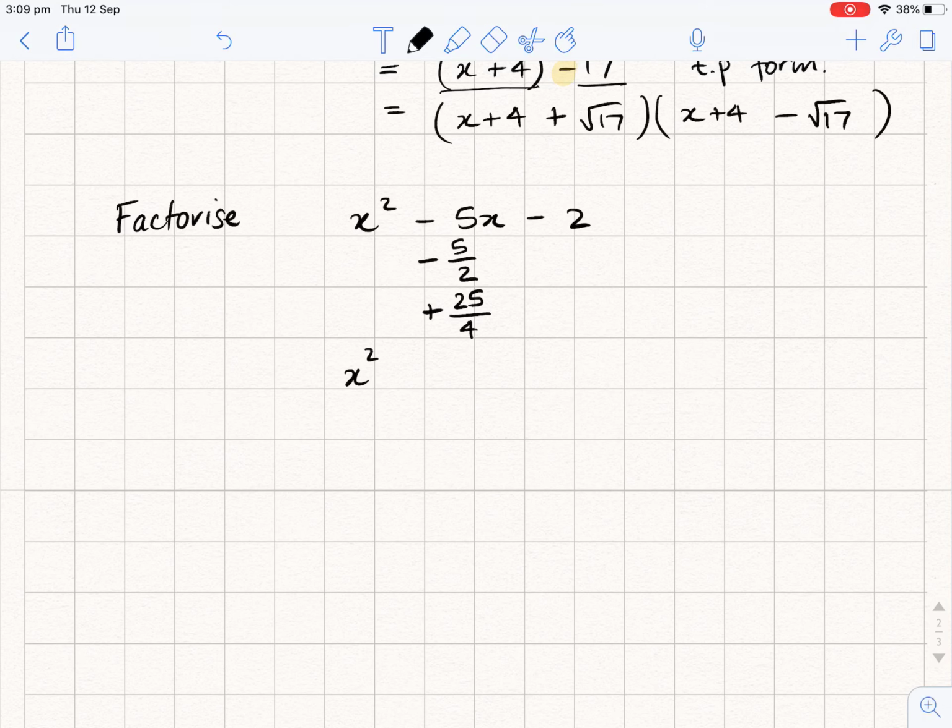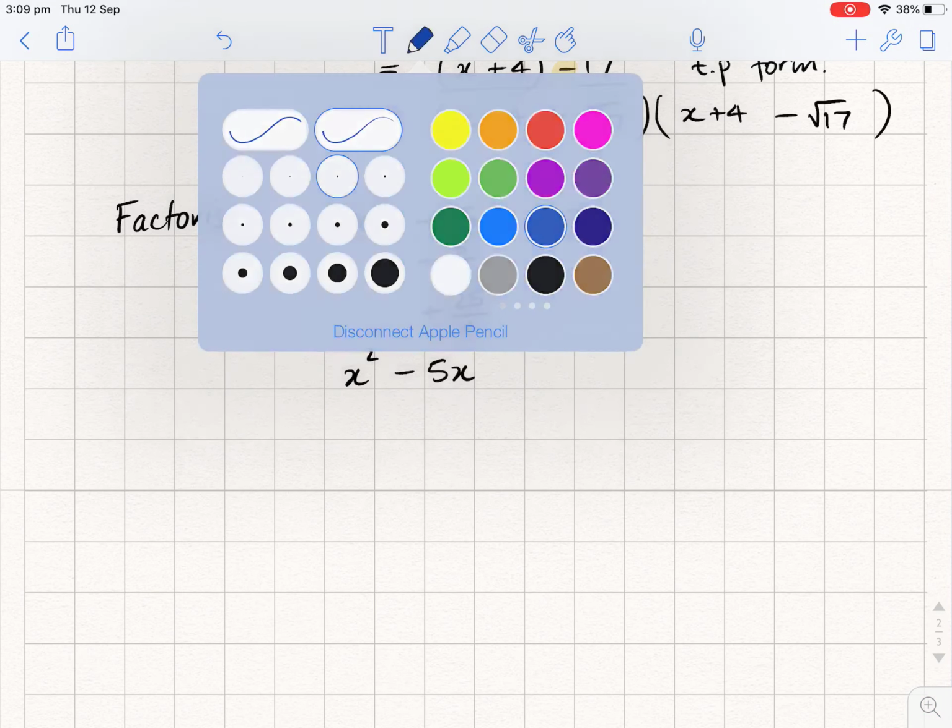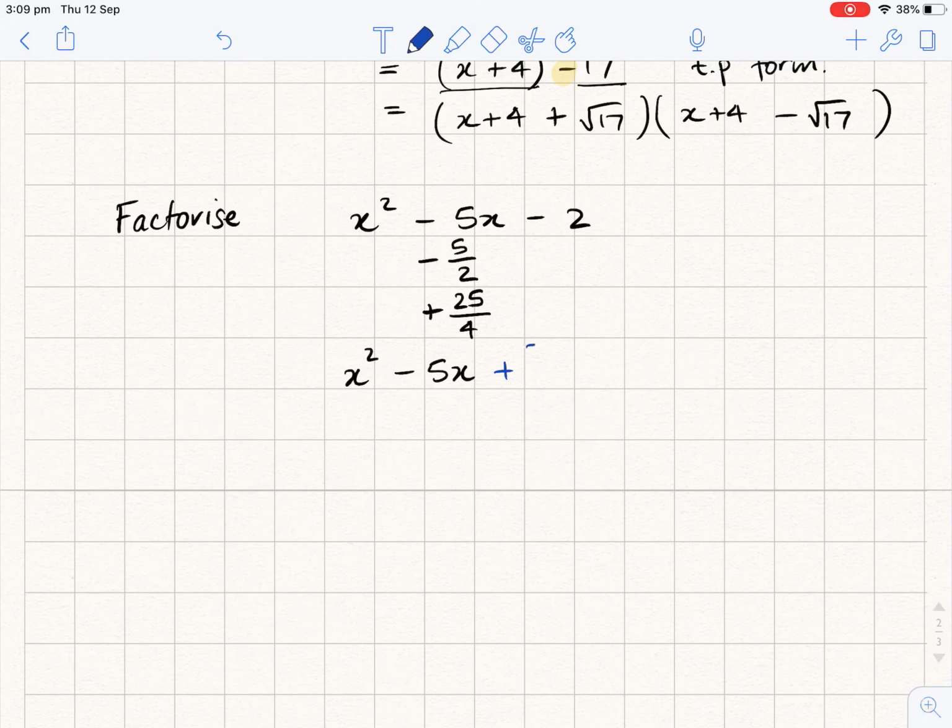Now I need to add and subtract that value from my expression, which looks like this. The first three terms will always factorize, and whatever is here will be the value that goes inside that bracket.